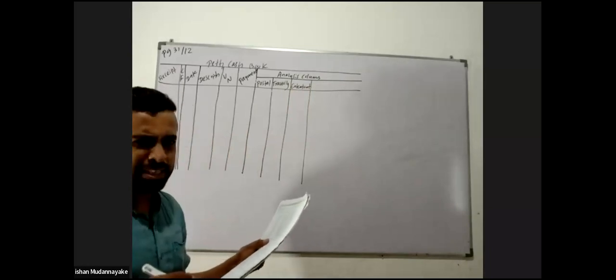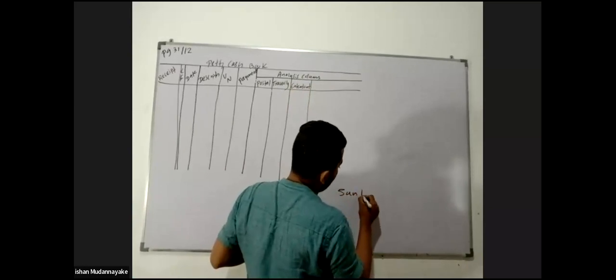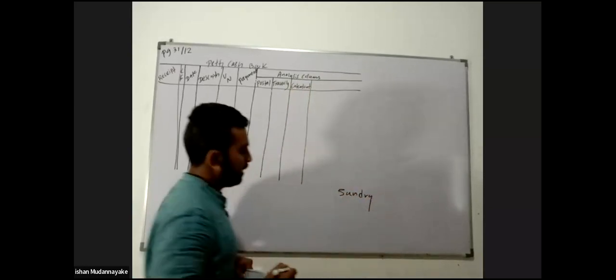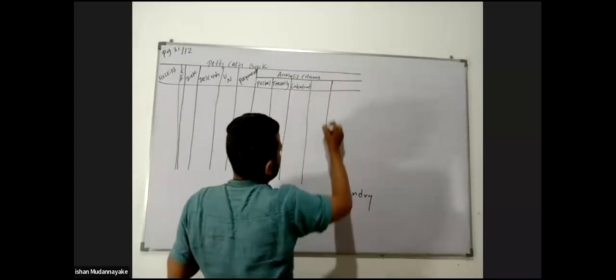And then to record miscellaneous, we will write down miscellaneous as sundry expenses. One of the names for miscellaneous expenses is sundry expenses. It is easy. We write down here sundry expenses.